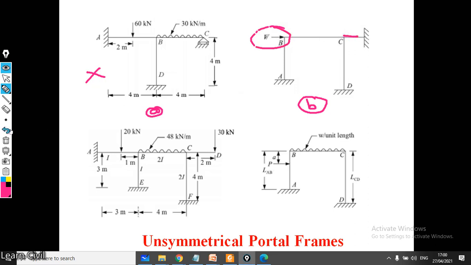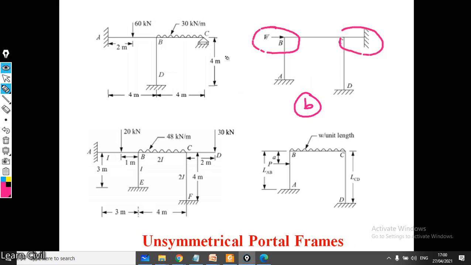Again, the heights of columns AB and CD are different. At the same time, the support condition here is different: here there is only a joint, whereas we have a support here. Therefore frame B will also be an asymmetrical or unsymmetrical frame.